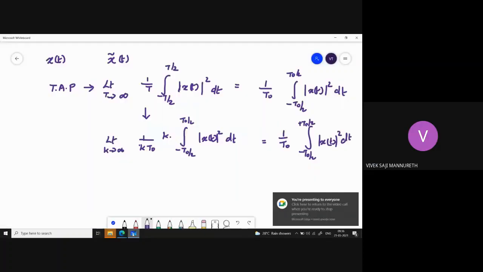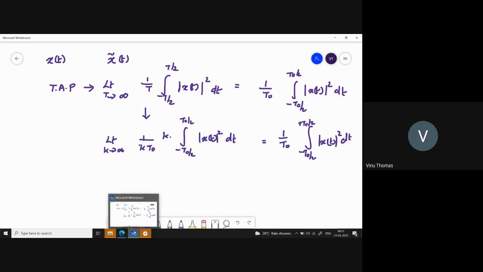Why? Because total average power is finite. Right. Total average power is a finite value. Energy will be infinite. Right. So let us move on.